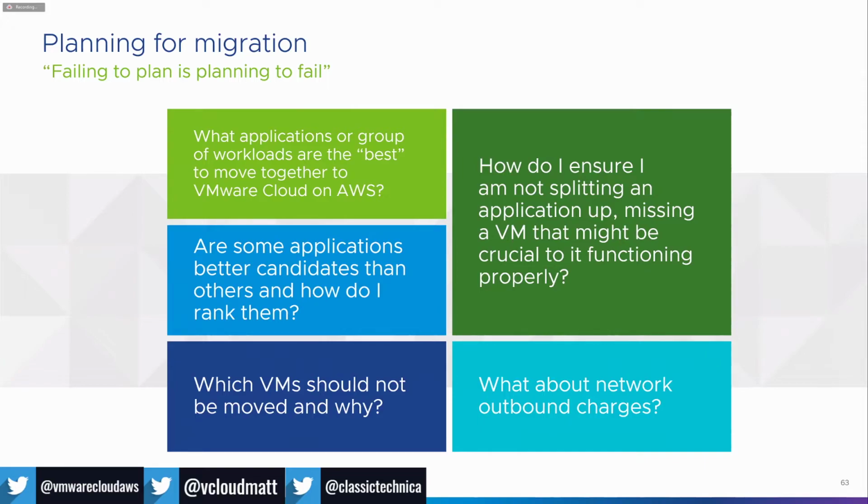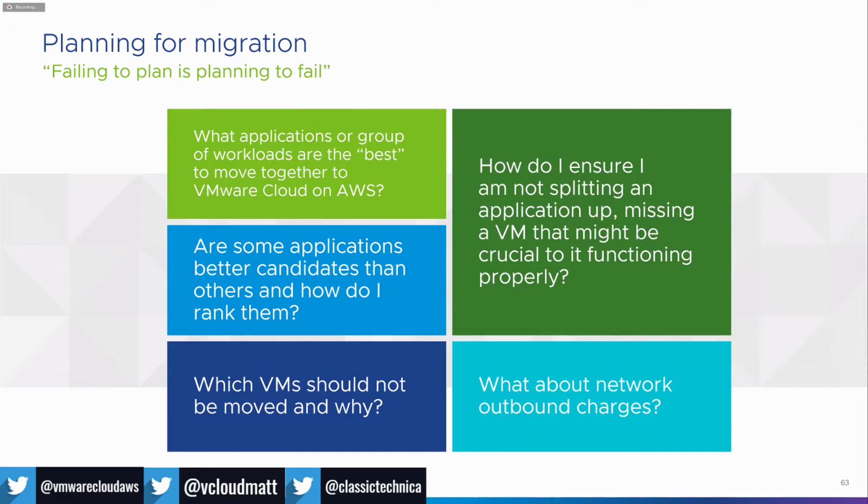Also, size. It's important to understand the resources for your VM. So you could start usually with an export of RVTools or any kind of export of an inventory of all your workload VMs, including their resources. So how much memory, how many CPUs, how much disk space, because the disk space is what has to be copied over, and that will determine how long they take to migrate.